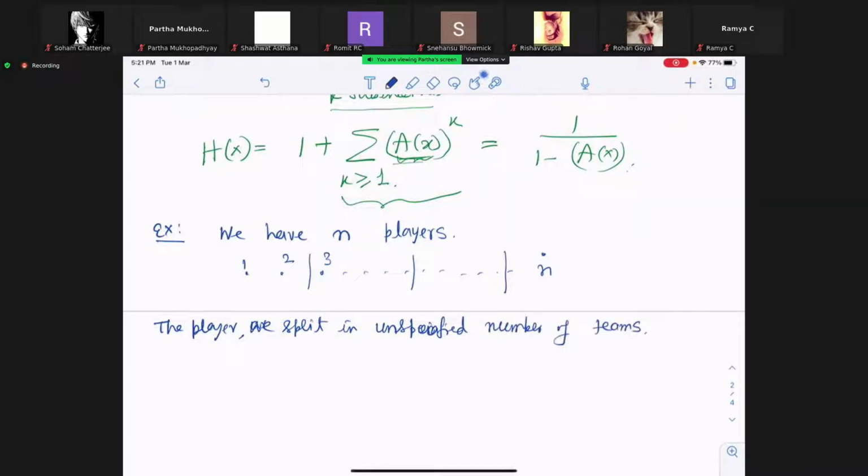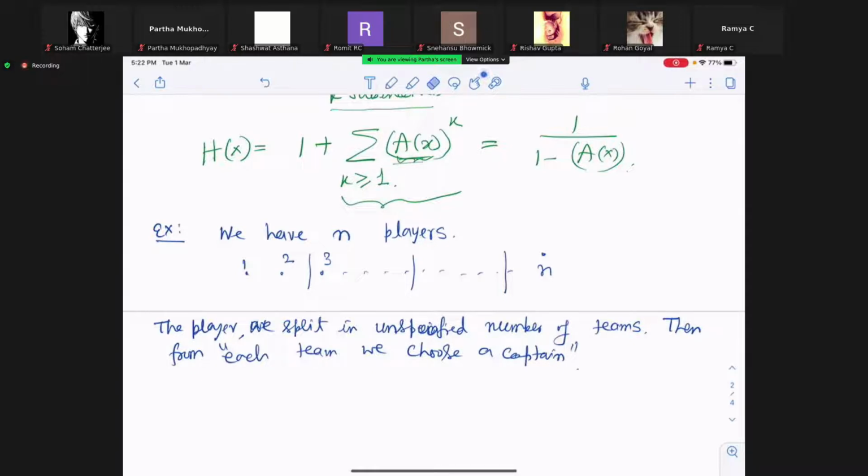Then from each team we choose a captain. This is the building structure that I was indicating. That was an abstract statement; here it's a concrete statement. From each team, we choose a captain.